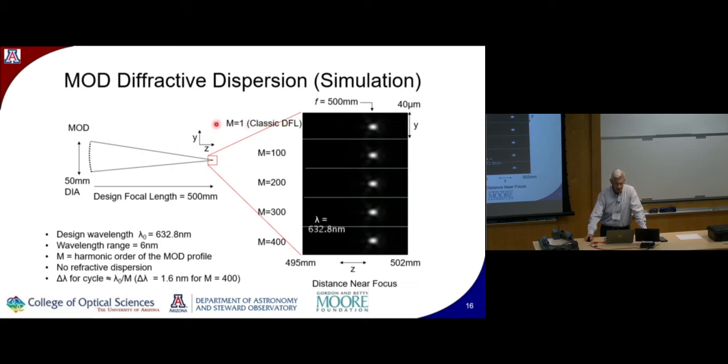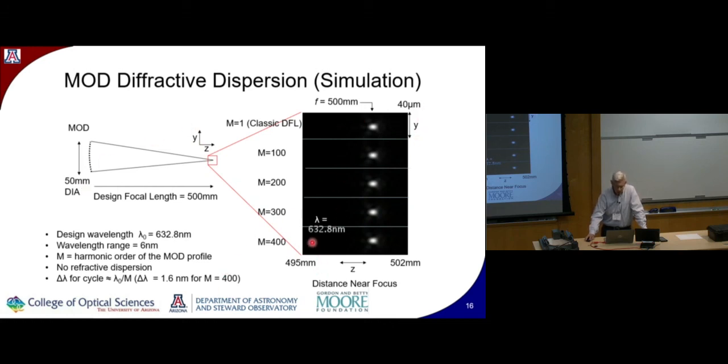So the first line here is a classic diffractive Fresnel lens, and then as I increase the M number, what I'm doing is increasing that height of the transition in the diffractive structure. And I've graphed 5 different animations for the same focal area, where this horizontal axis is just the region around focus, and the vertical axis Y here is about 40 microns or so for these parameters.